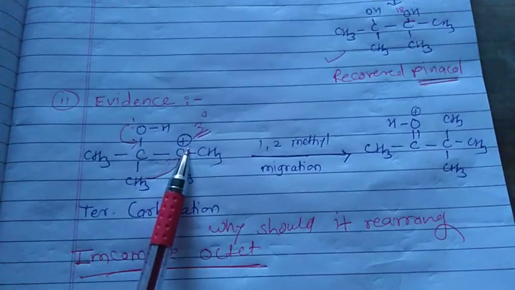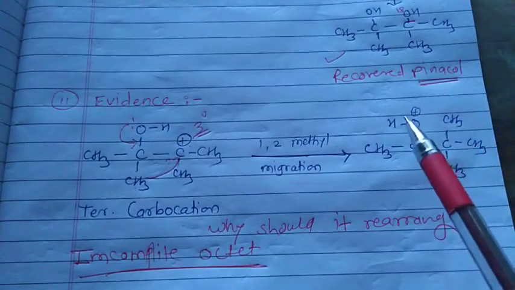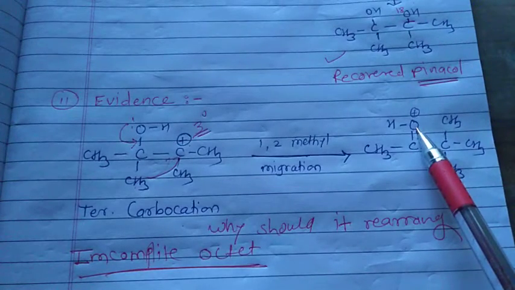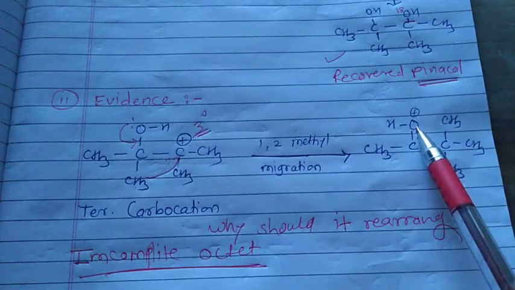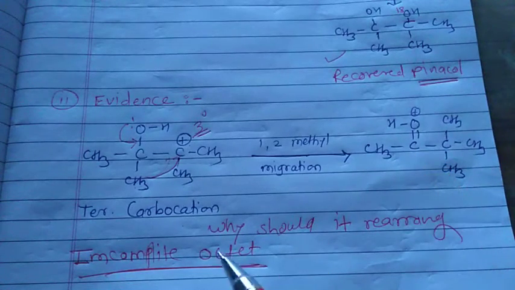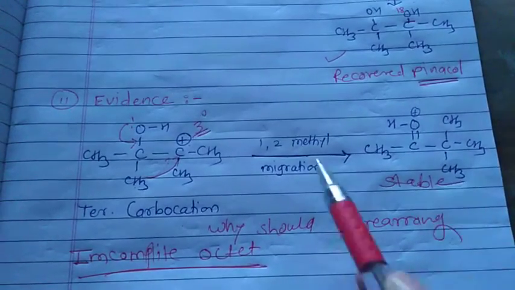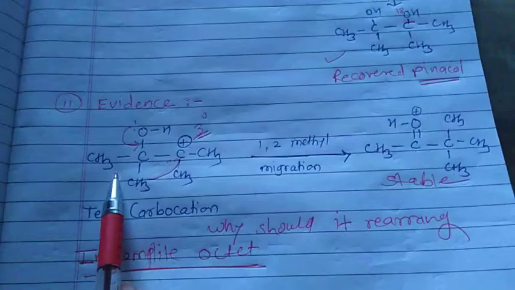But this carbocation has an incomplete octet, and that's why we get this oxonium. Whenever this oxonium cation is formed, this carbon completes its octet and oxygen also completes its octet, and that's why this structure is more stable than this carbocation.